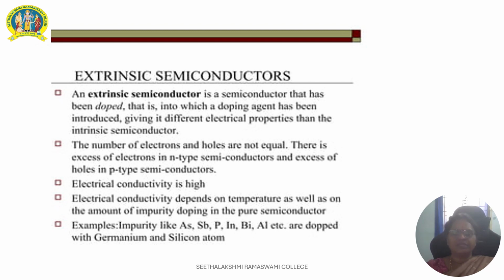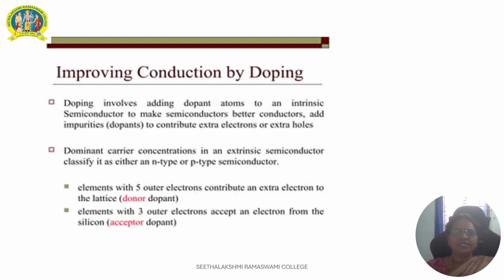Electrical conductivity is high, and the electrical conductivity depends on temperature as well as on the amount of impurity doping in pure semiconductor. Examples: arsenic, antimony, bismuth, aluminium, etc. are doped with the germanium and silicon atom.